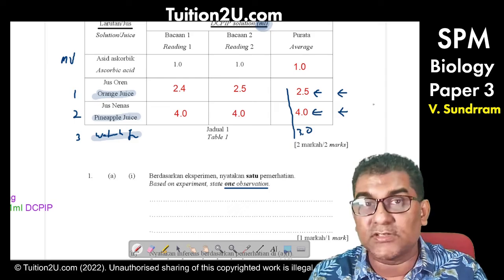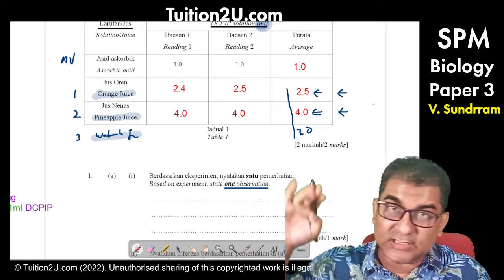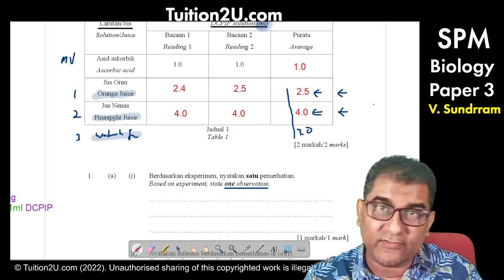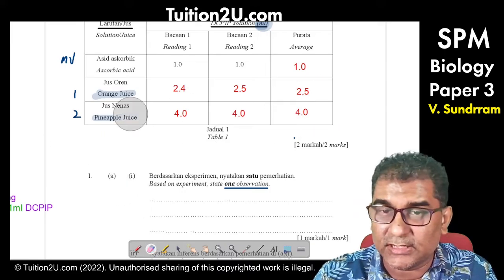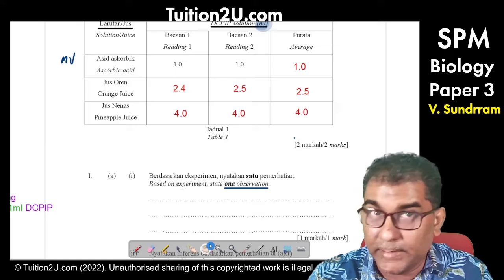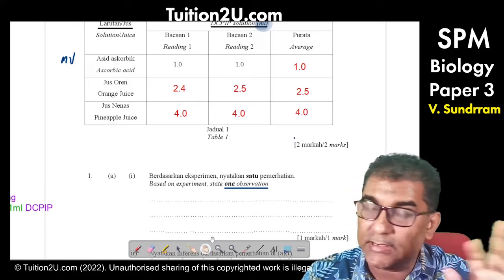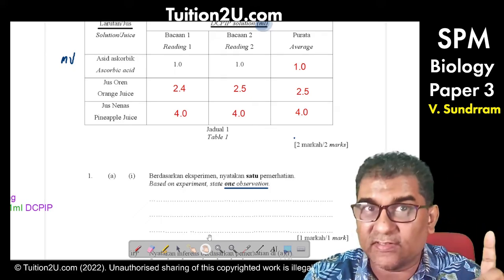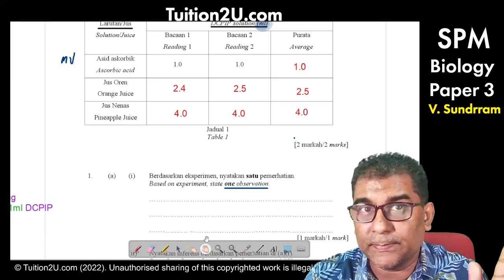When you are writing the observation, preferably choose the responding variable that gave us the highest or the lowest value, the extreme. For this experiment there are only 2 data, so whichever you choose is the right answer. So make sure in the answer you have manipulated variable, responding variable, if possible constant variable, and the data. That is the technique for paper 3.